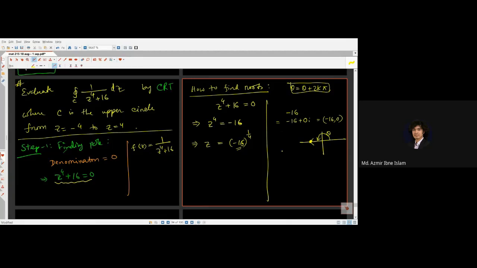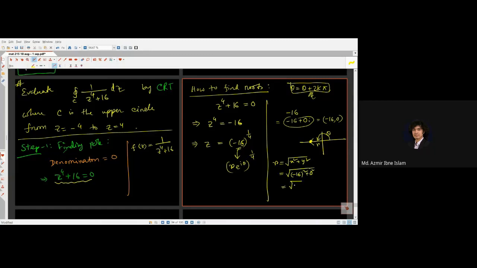But we can apply our basic skill. At first, let's find the modulus r, because our target is to convert this number to polar form r e to the power iθ. Then only it is possible to apply the formula θ equals θ plus 2kπ. So r equals the square root of x squared plus y squared. Here x squared is (negative 16) squared and y is 0, so 0 squared.